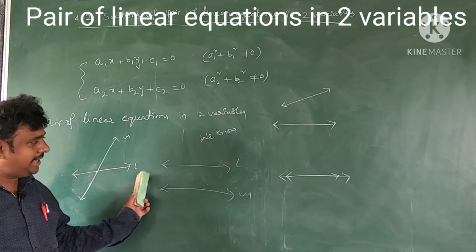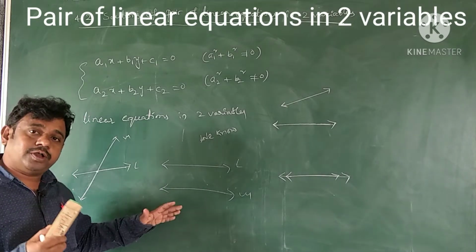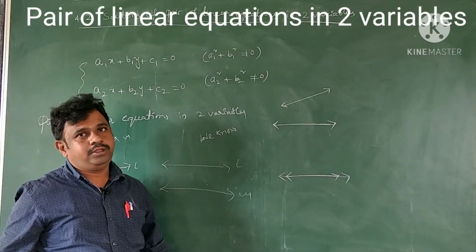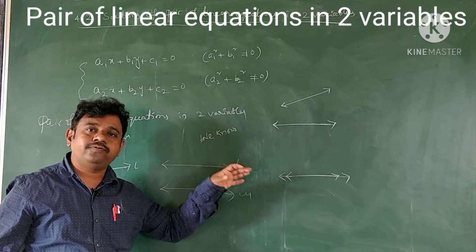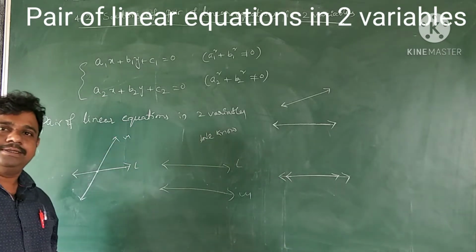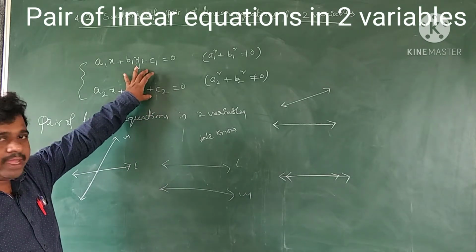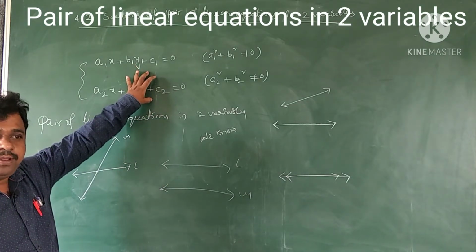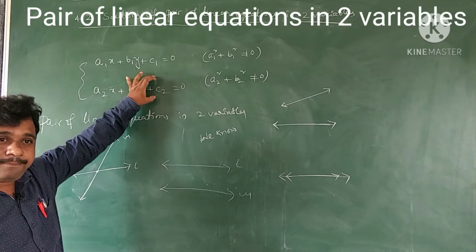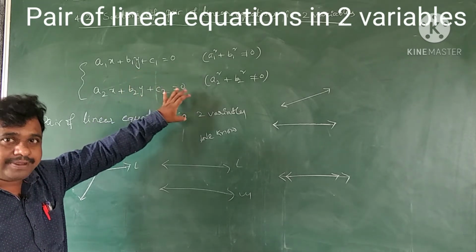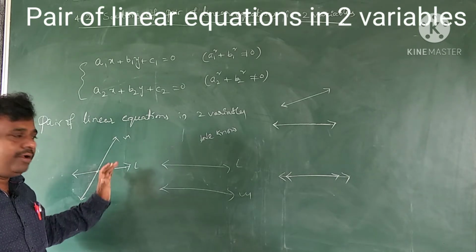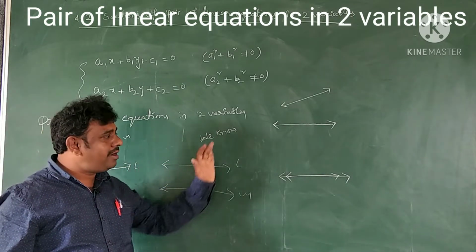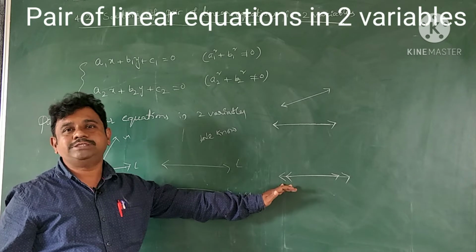How can we say, without drawing any graph, whether the pair of lines representing the pair of linear equations are intersecting lines, parallel lines or coincident lines?